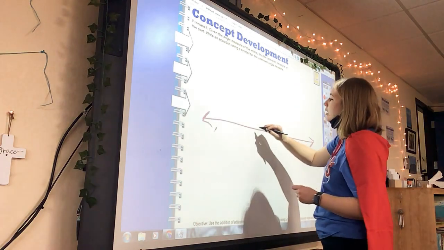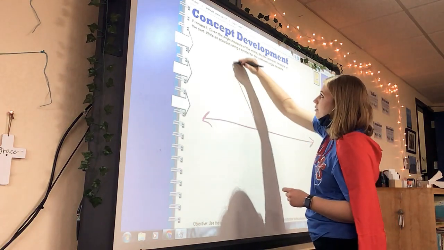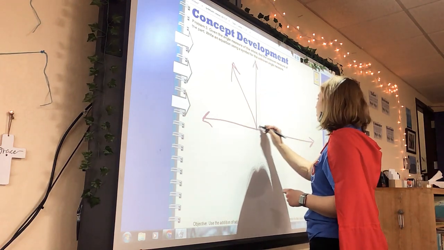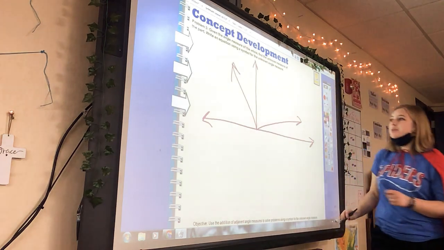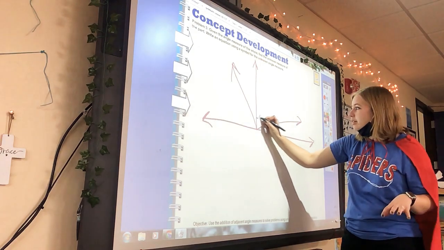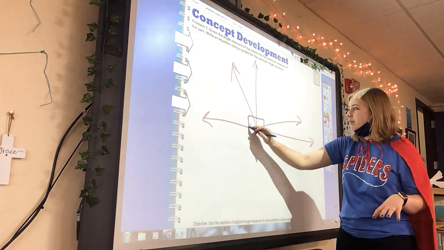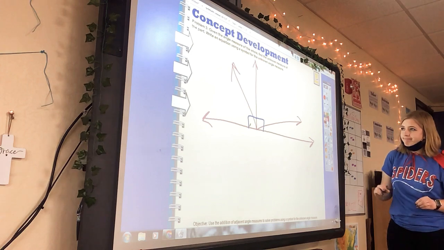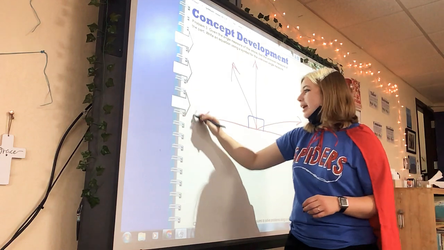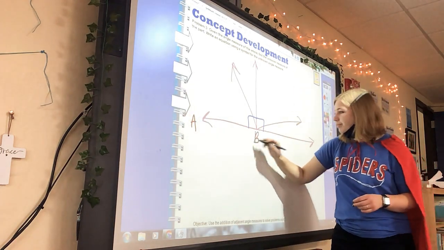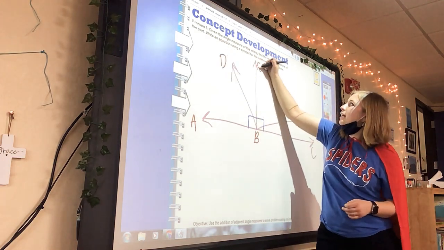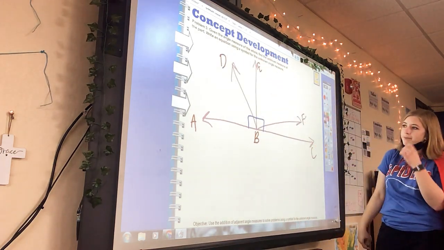All right? Let's see. Okay, I know that looks really crazy, but I'm getting there, okay? Got to add some more stuff to it. All right. We know that, let's call this A, B, C. This is D, E, F. Okay?